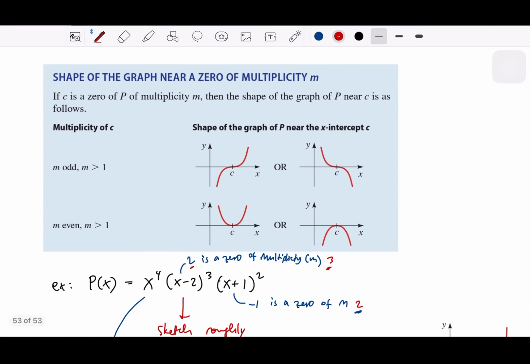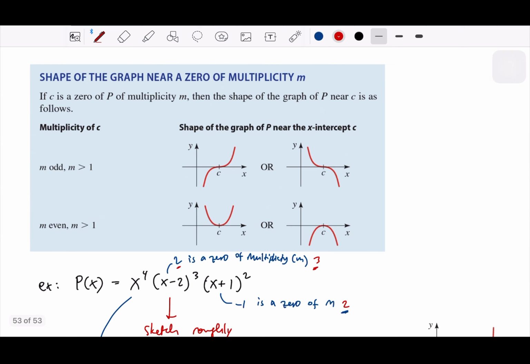Now if we look at the theorem, if m is odd and of course greater than 1, then nearby the point c we will have the graph like this, or like that, depending on how we sketch the graph. And if m is even, we are going to see it has this or this.